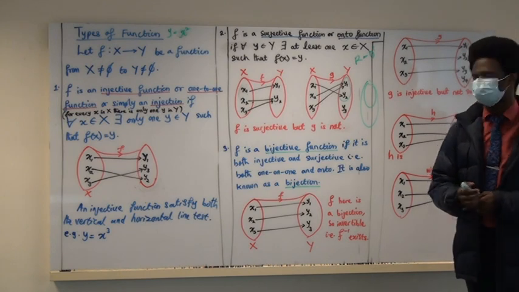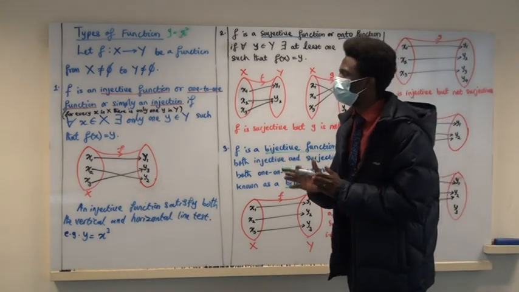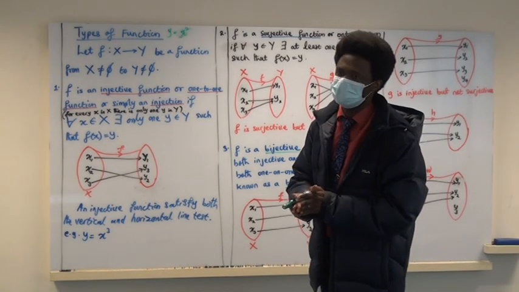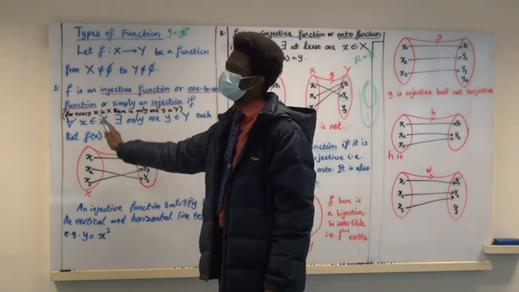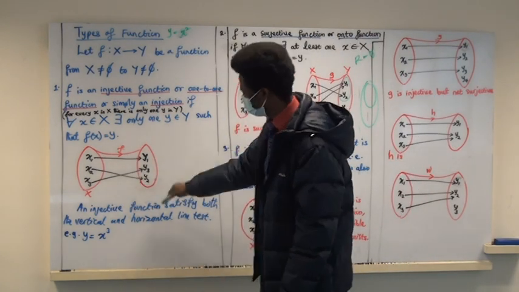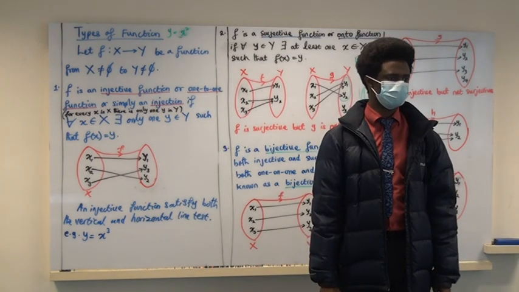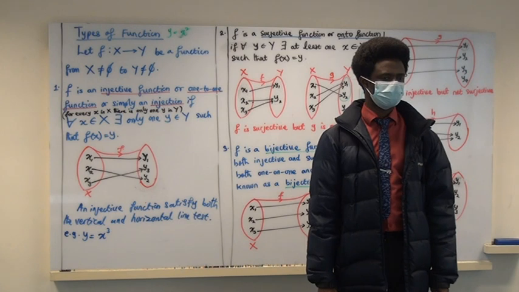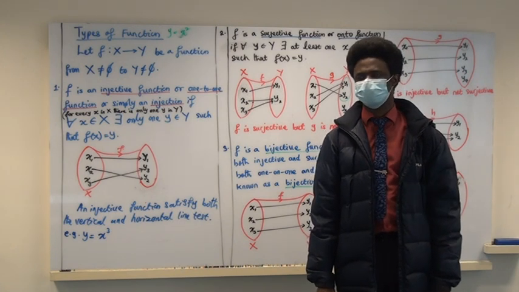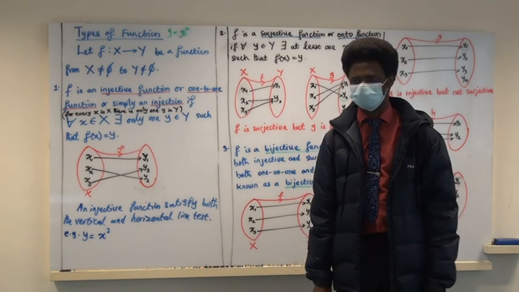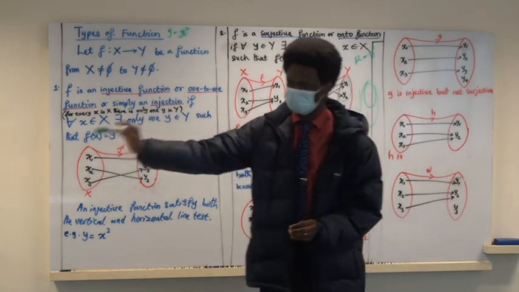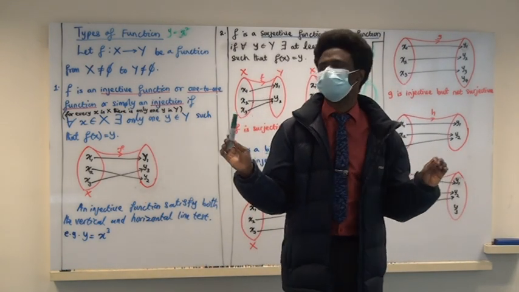Now, if you have a one-to-one, it means for every element here, there is only one element qualified for you to get the outcome. That kind of function is a one-to-one function. It's like one-to-one partnership in the class.